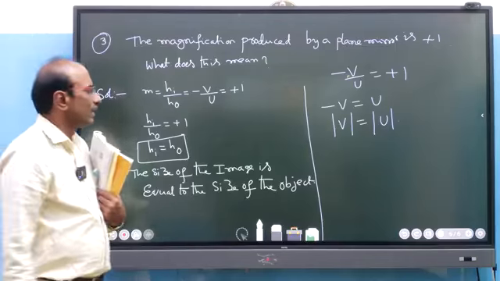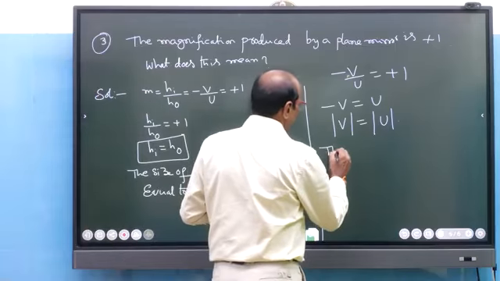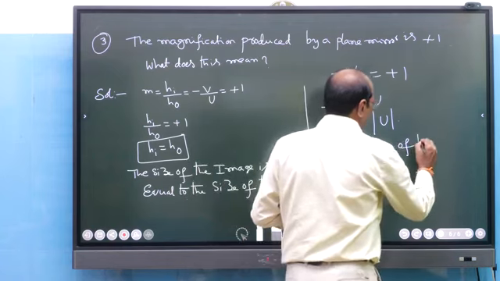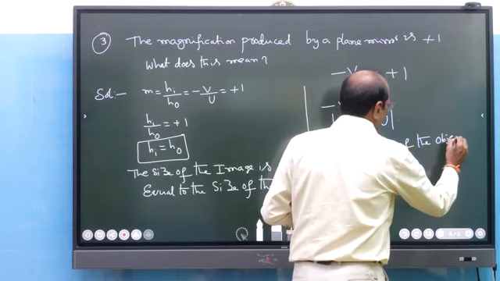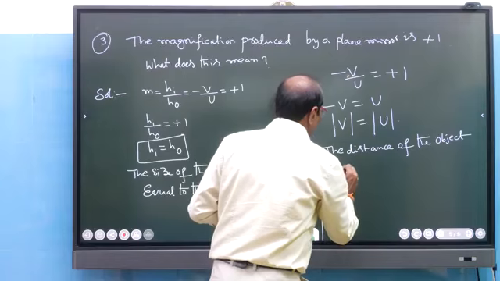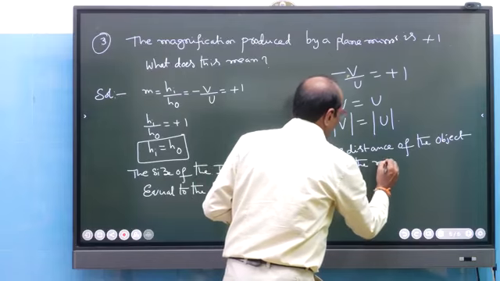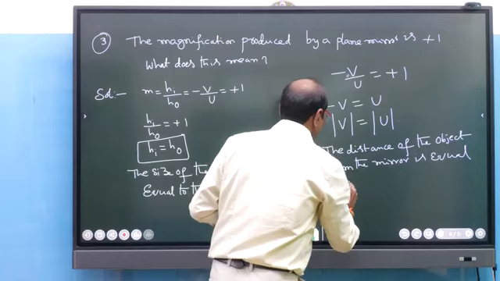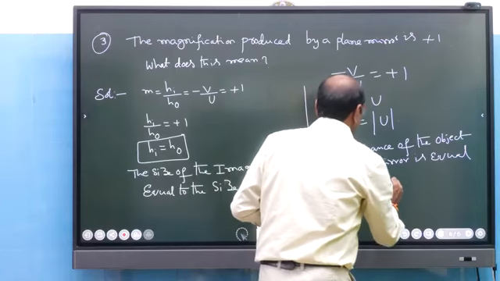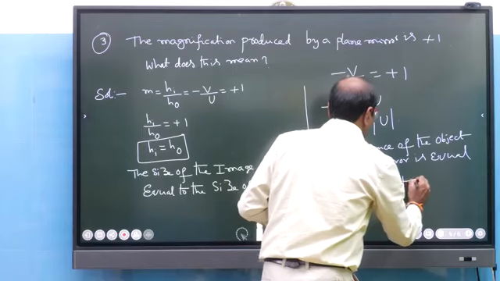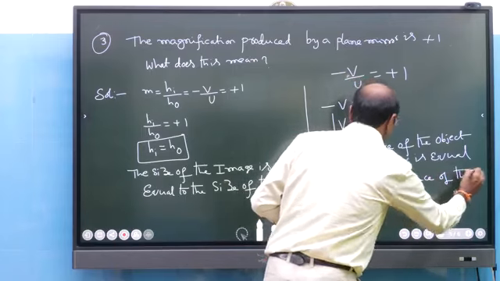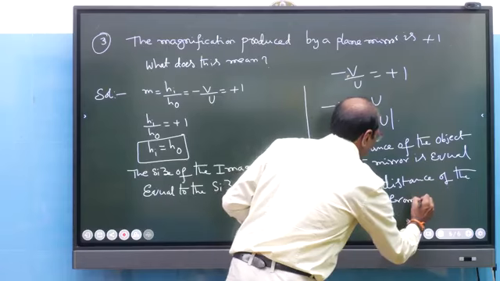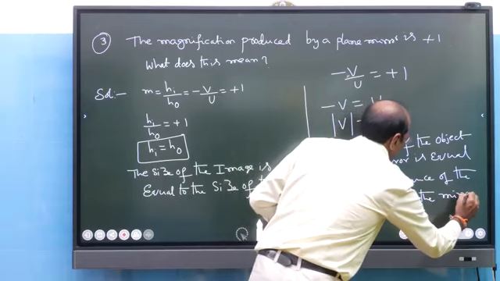What does this indicate? The distance of the object from the mirror is equal to the distance of the image from the mirror.